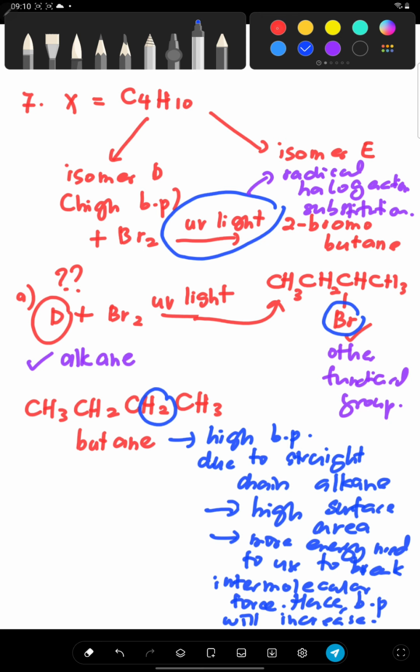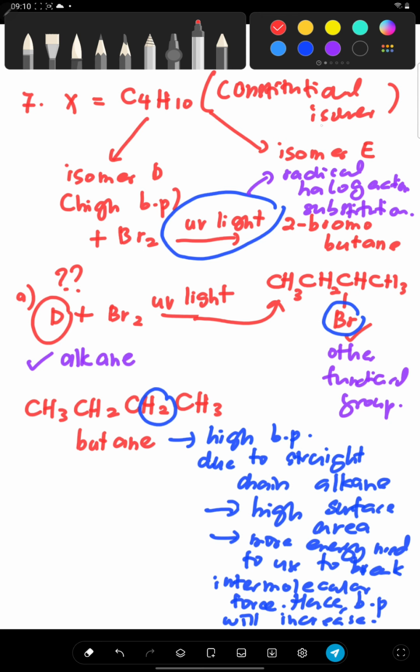So it is referring to constitutional isomer. Maksudnya kat sini, soalan D dengan E ni basically dia mempunyai bilangan carbon and hydrogen yang sama, tapi dari segi susunan of the carbon and hydrogen tu berbeza.